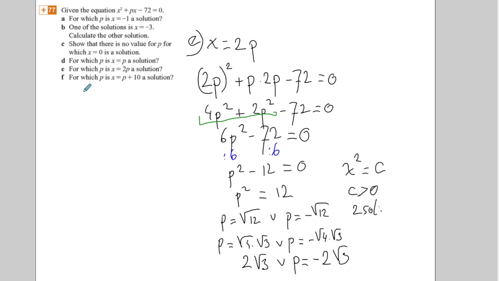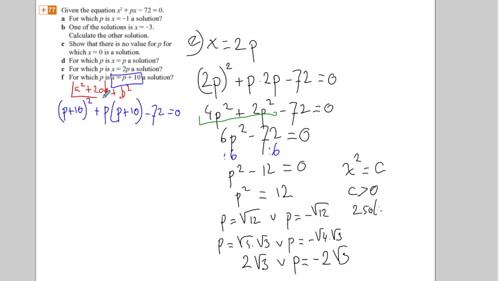And the last one, I do exactly the same. I fill in p plus 10 for x. (p plus 10) squared plus p times (p plus 10) minus 72 equals 0. I recognize a remarkable product. Just think about it. It's a squared plus 2ab plus b squared.